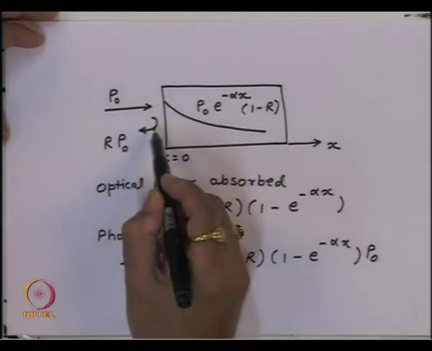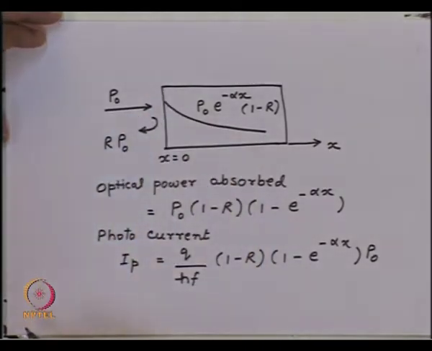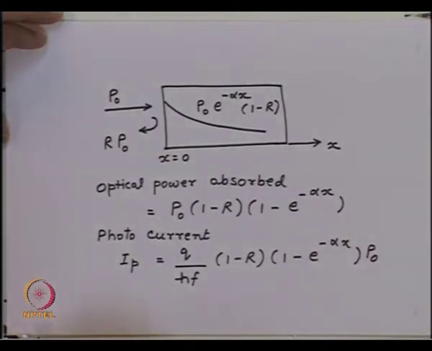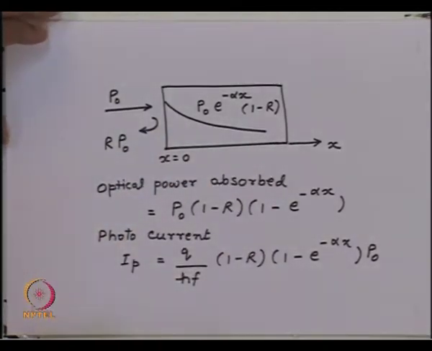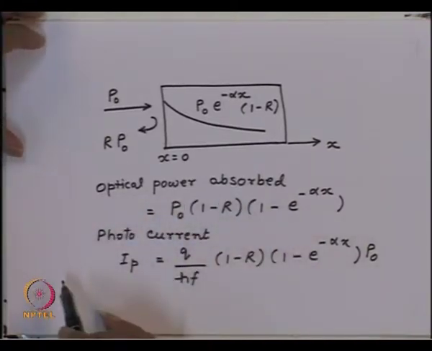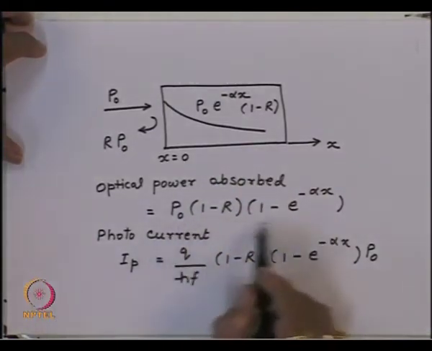However, at the beginning, part of the optical energy will get reflected from this face of the material, and the parameter will be a reflection coefficient, which is related to the change in refractive index between these two media. So, we found that the total power absorbed over a distance x inside this material is essentially given by this.